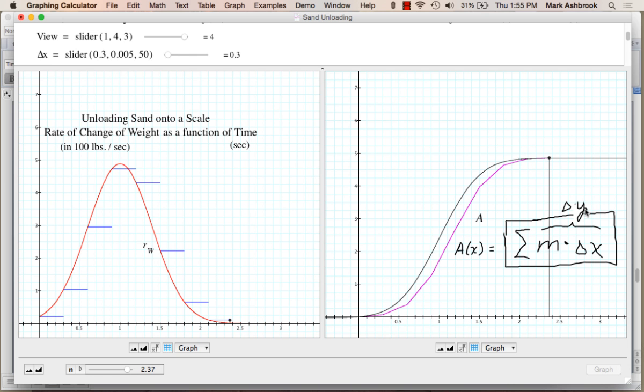You just add little by little, right? The word accumulation means add up little by little. So this A of x, this long formula that you got, in a nutshell, is just summing up a bunch of m delta x's, which is summing up a bunch of delta y's, one by one. Okay? So then, oh, I wish I had my pen.